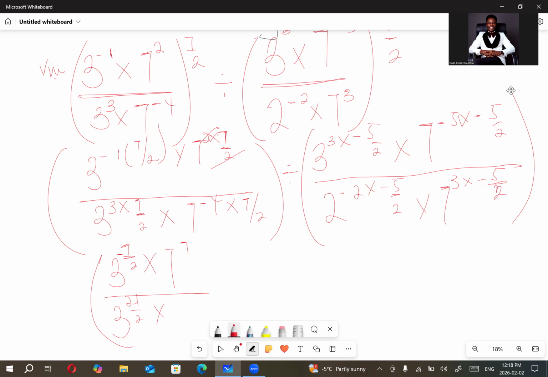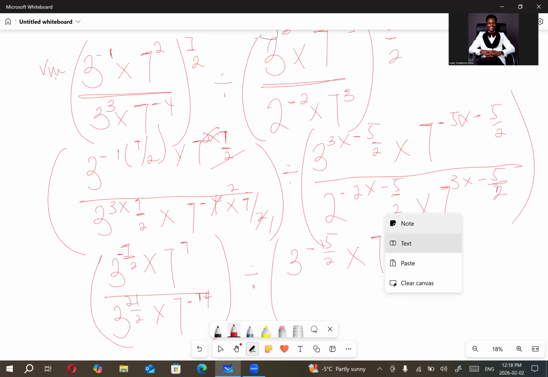times 7 exponent. This one gets into the 2 times, so minus 2 times 7, minus 14. Divided by 3 exponent minus 15 over 2 times 7 exponent.